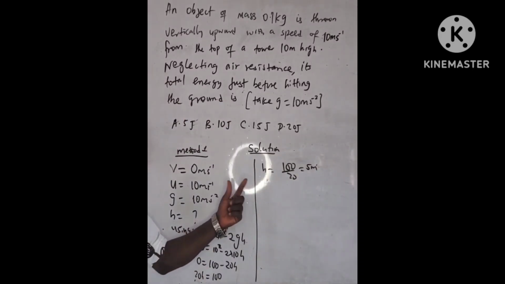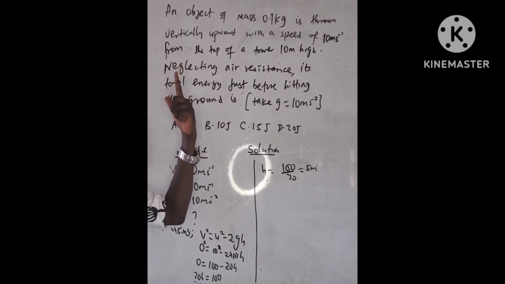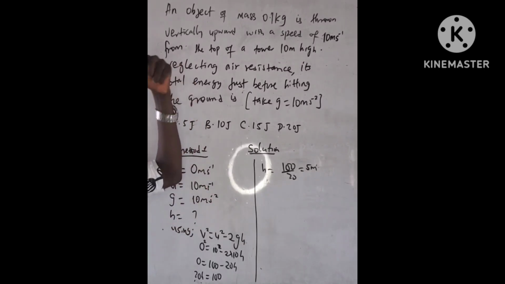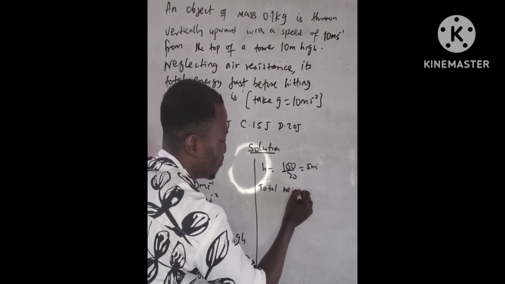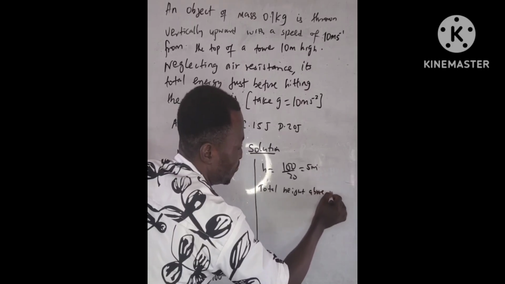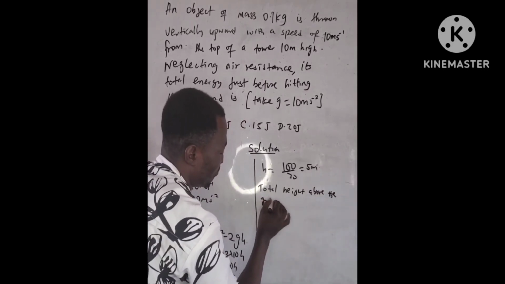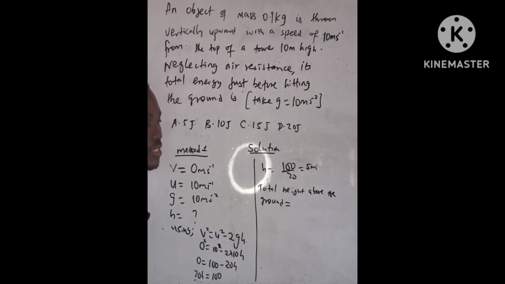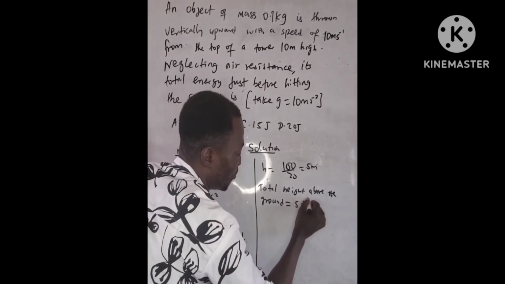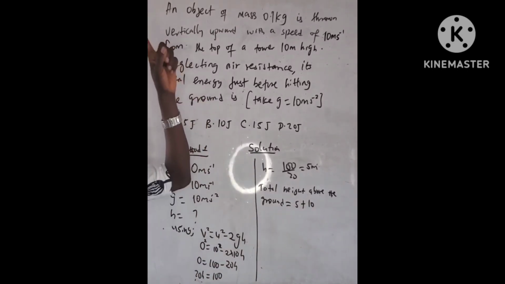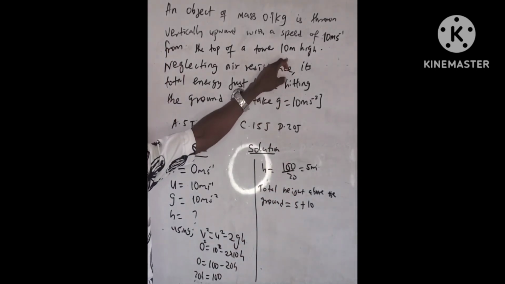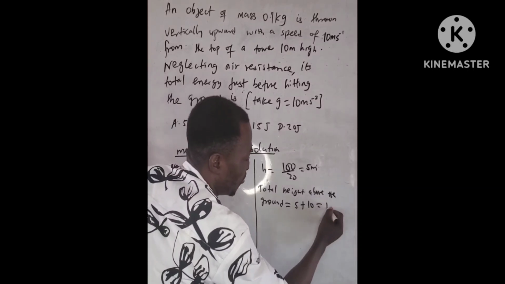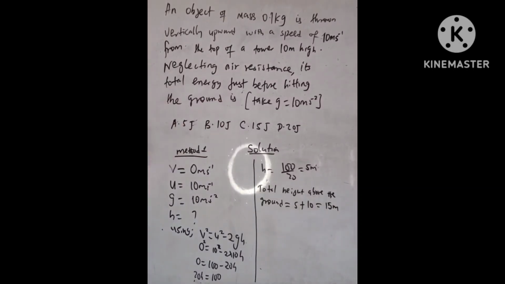So the object attained a height of 5 meter above the top of the tower before it starts falling. So total height above the ground is 5 plus 10, that is the height it attained from the top of the tower plus the 10 meter, which is the height of the tower above the ground. And that gives us a total of 15 meter.